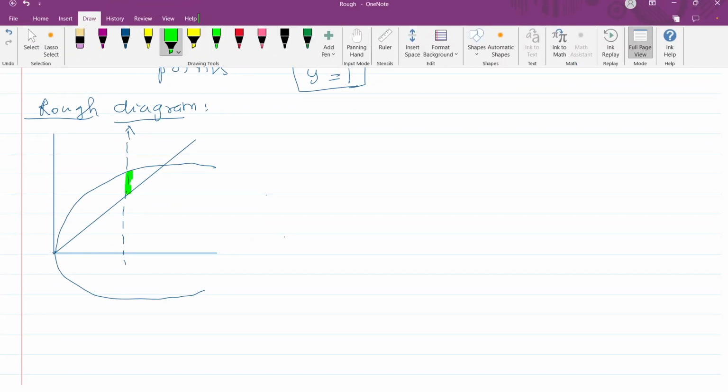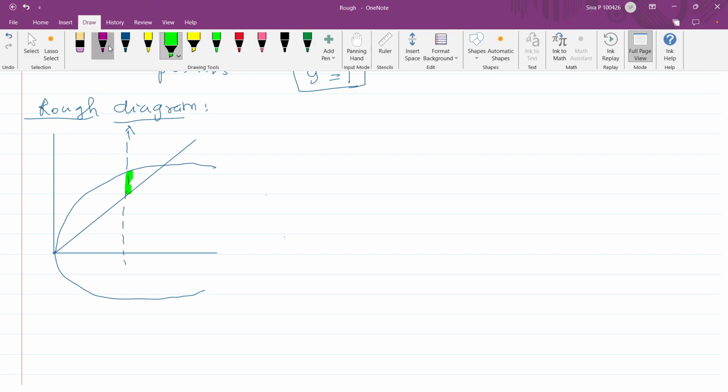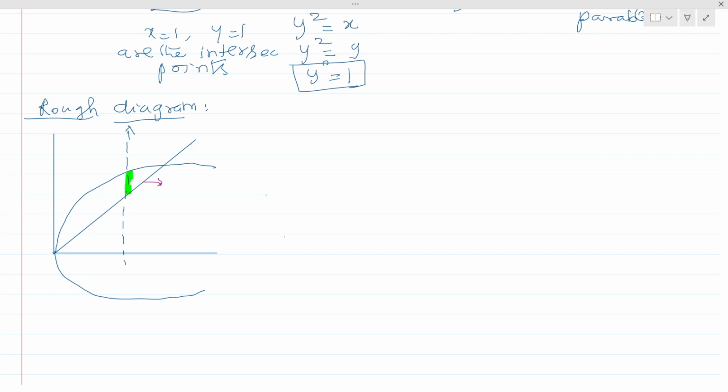Here, change the pen color. This is y equal to x. The second one is y square equal to x. The limit starts from y equal to x and ends with the parabola y square equal to x.